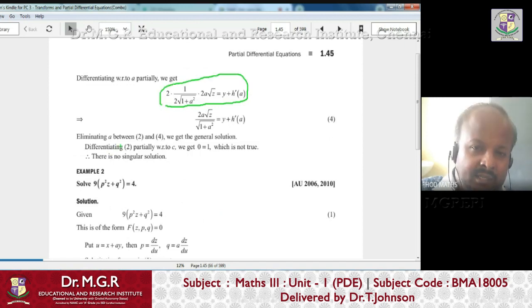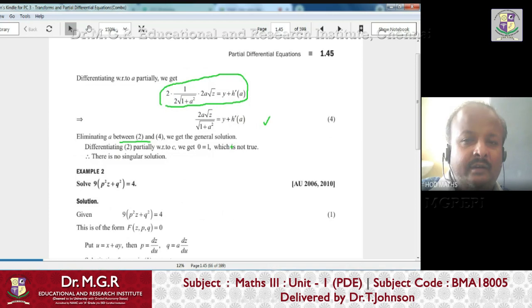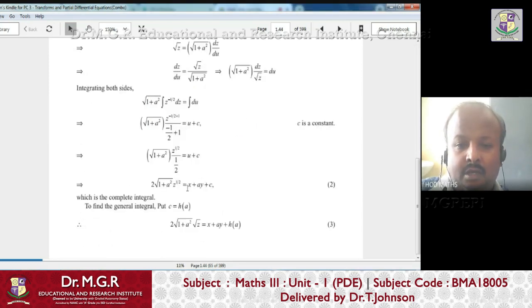Then you have to write a line for all the problems. You just say: eliminating a between equations 2 and 4. So 4 means the equation after differentiating the function with respect to a, and 2 is nothing but this equation.